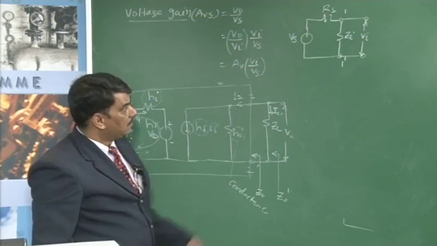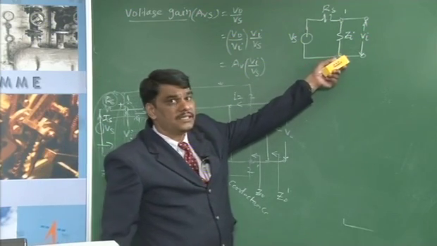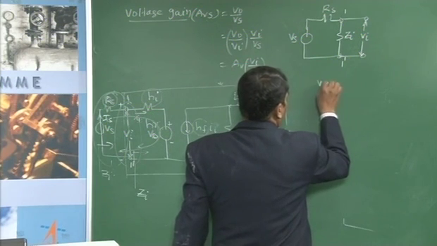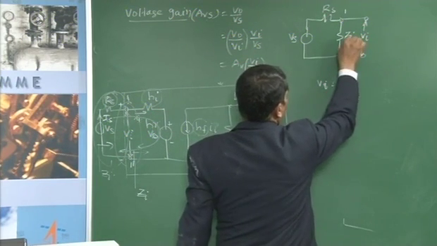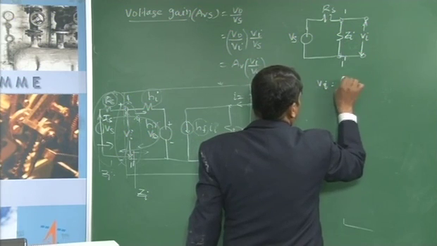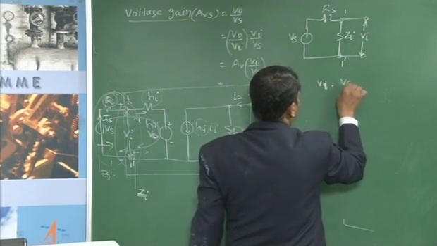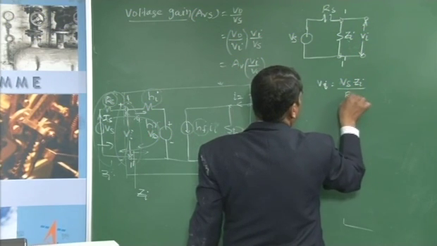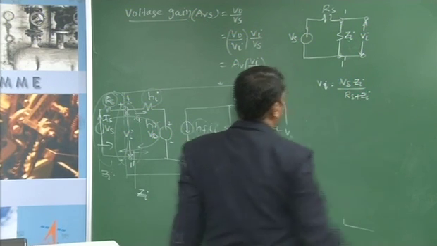Okay. Now we need to find the voltage Vi. This Vi is given by the voltage drop across Zi, that is, the applied voltage Vs multiplied with Zi divided by Rs plus Zi.